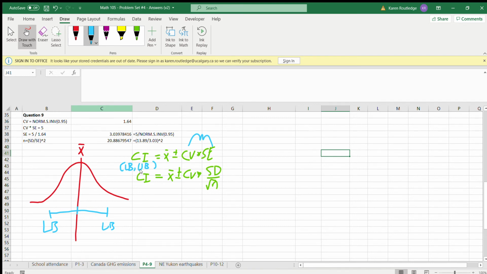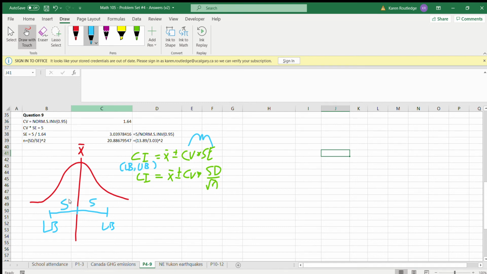Similarly, the upper bound is the sample mean plus the critical value times the standard error. So we start at the sample mean and move out a distance equal to the critical value times the standard error. If we look in the question, it tells us that we are looking for a width of the confidence interval, a distance from the mean, equal to 5.